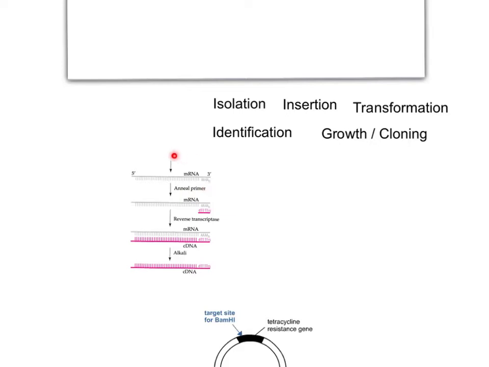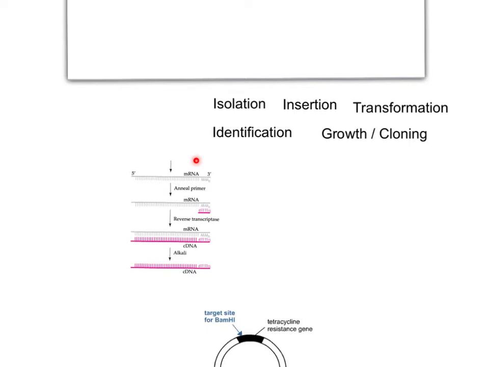It's quite easy to get hold of the messenger RNA because it tends to be attached to ribosomes, so by cell fractionation and isolating the ribosomes, we can quite easily get hold of the messenger RNA molecule.